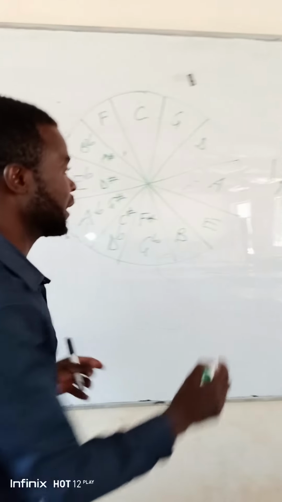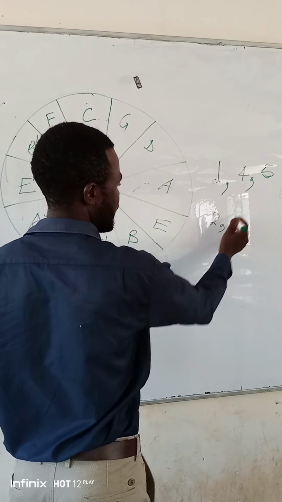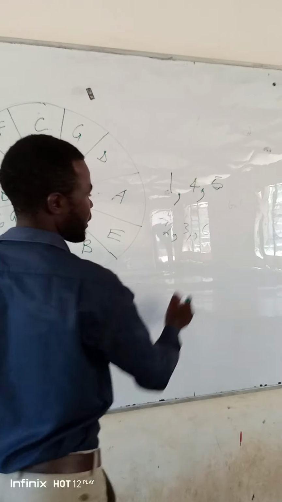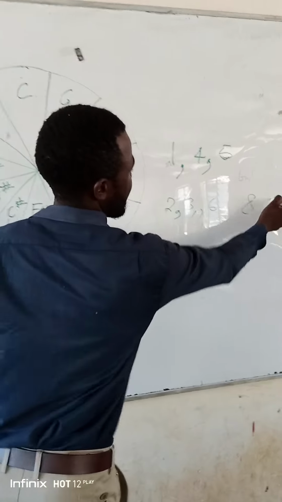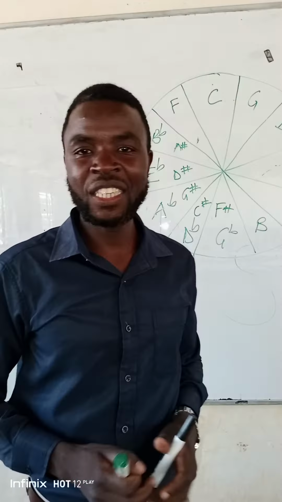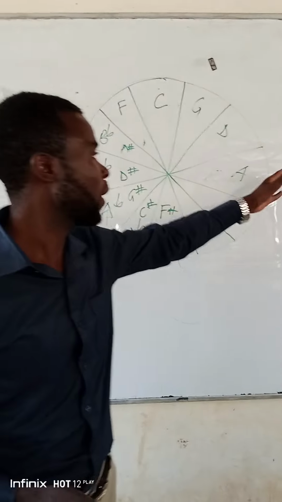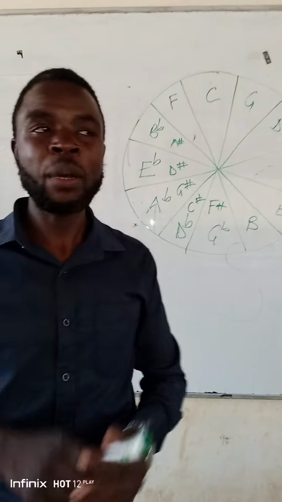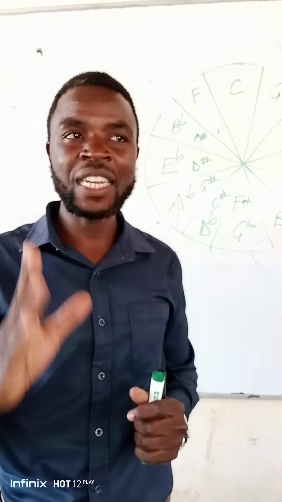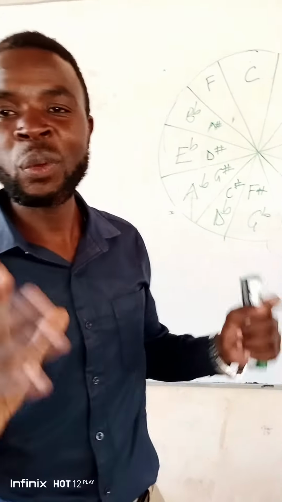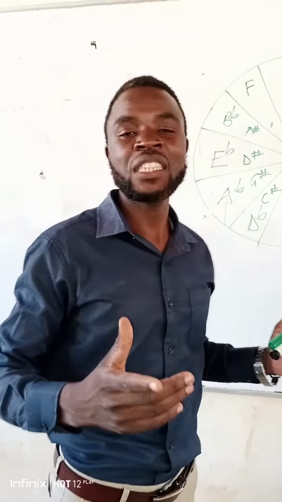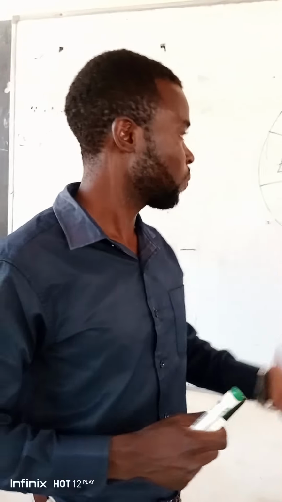Otherwise, the ones that are missing are 2, 3, 6, and the 7th. So 2, 3, 6 are minor chords or notes. Then 1, 4, 5 are major. So a piece is composed of majorly 1, 4, and 5. With 1, 4, and 5, you can easily do your song.